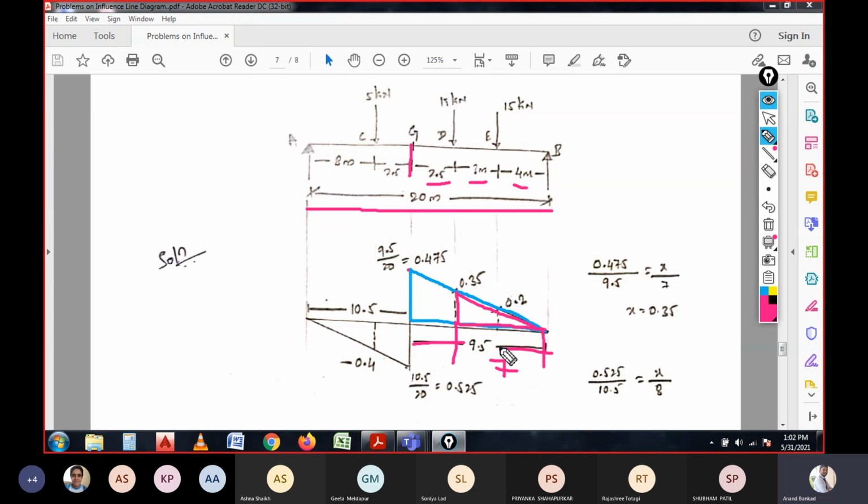So how do you calculate here? Again it is 7 by 20. You people have to interact; if you sit quiet, you won't get it. 7 by 20 will be 0.35.